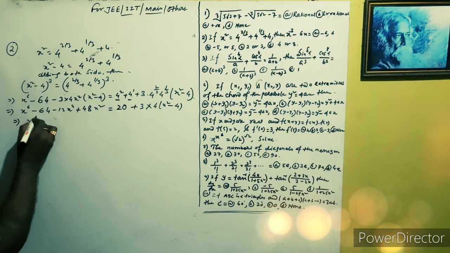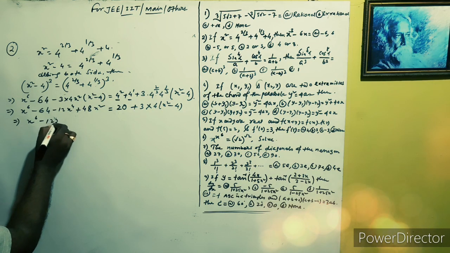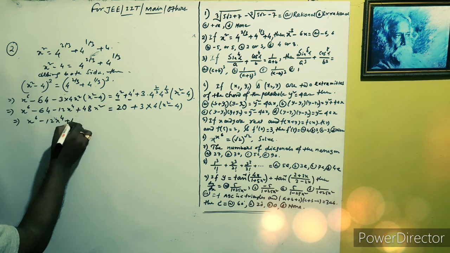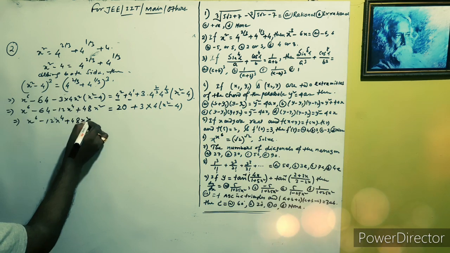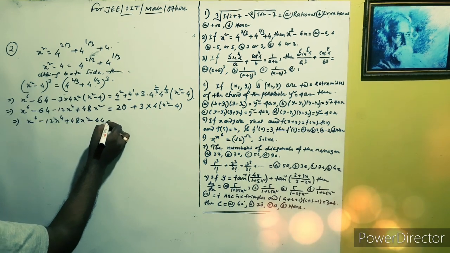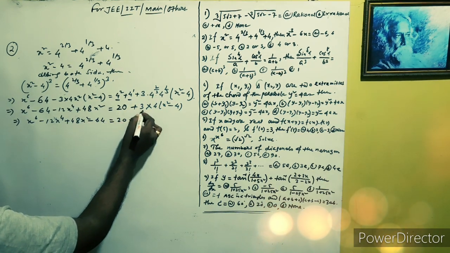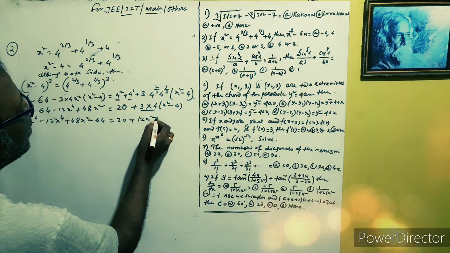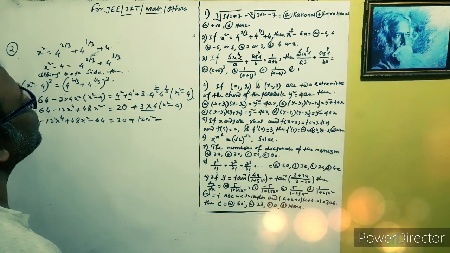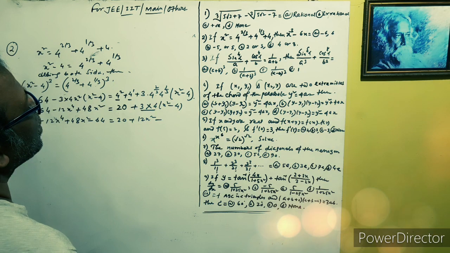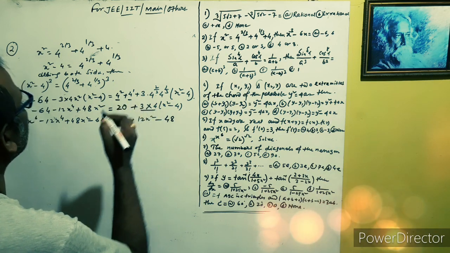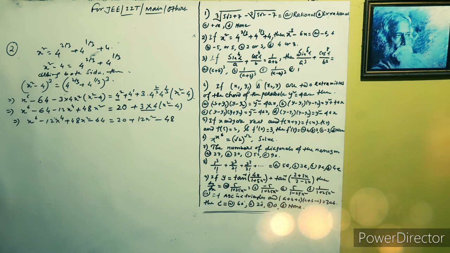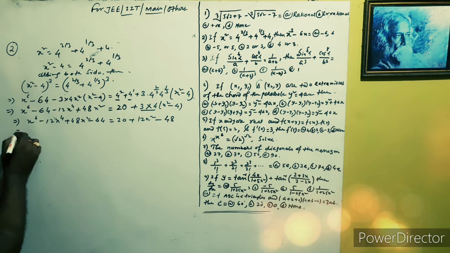I can see x to the power 6 minus 12 x to the power 4, 48 x square minus 64. This is 20, this is 12, and 48. Okay, this is here 48.